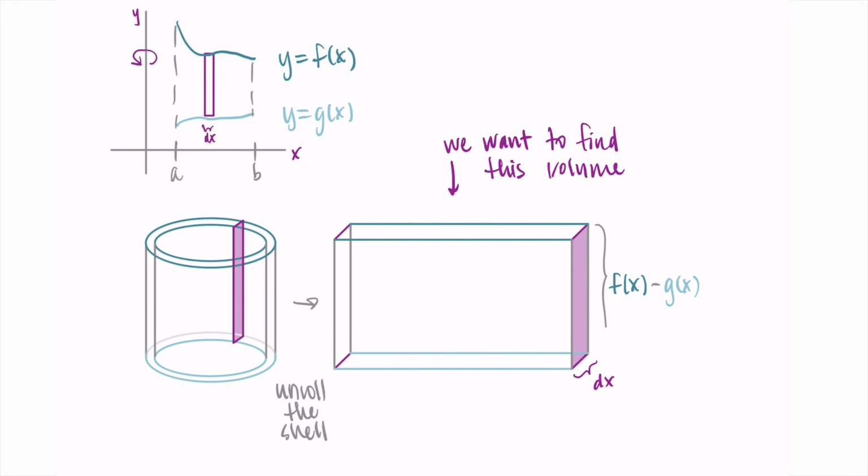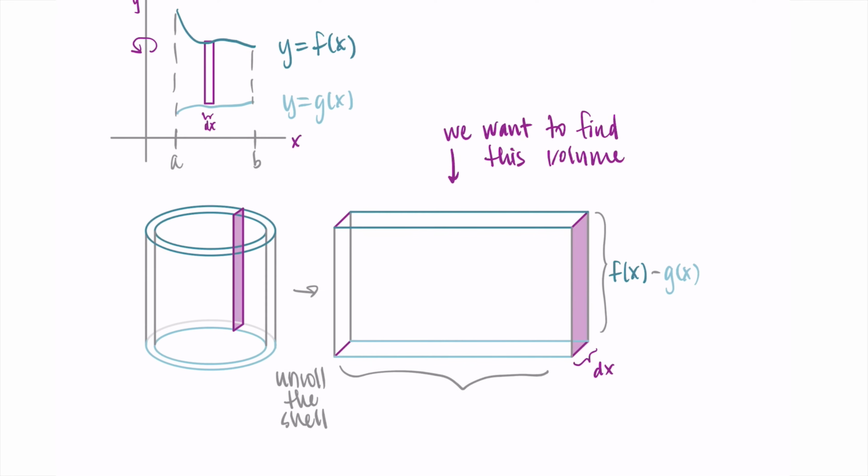So that's this whole height. You can look here on our shape. We do the top minus the bottom to get the height of the rectangle, and it's changing depending on the x value we're using, but we do the top minus the bottom, the f minus the g. So then we just need this other length, and this, if we compare it to the cylinder, is just the circumference of the cylinder.